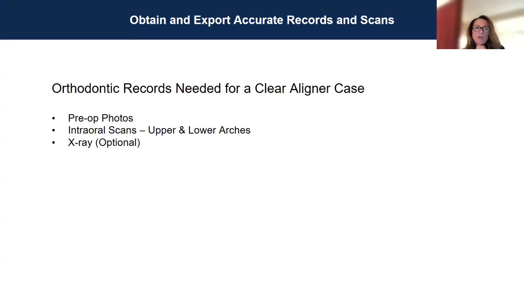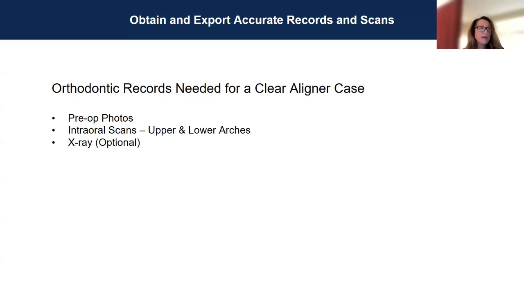So I know different aligner companies require what photos they want, what impressions they want, what scans they want. Being clinical, I always love to give the lab more than what they may need.